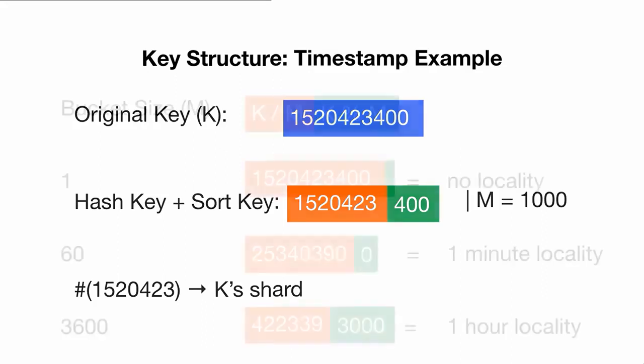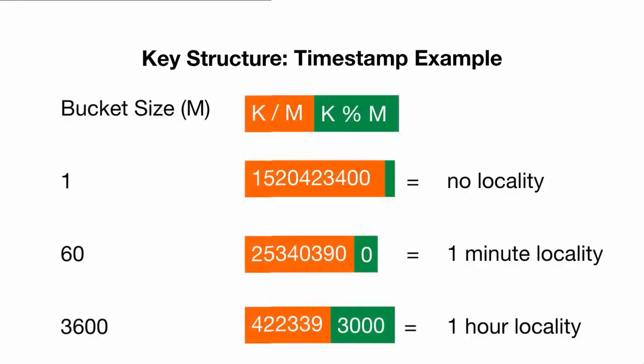Bucket size M, K/M in orange, K%M in green. A bucket size of 1 means the whole key is orange, with no locality. 60 means 1 minute of locality. 3600 means 1 hour of locality.